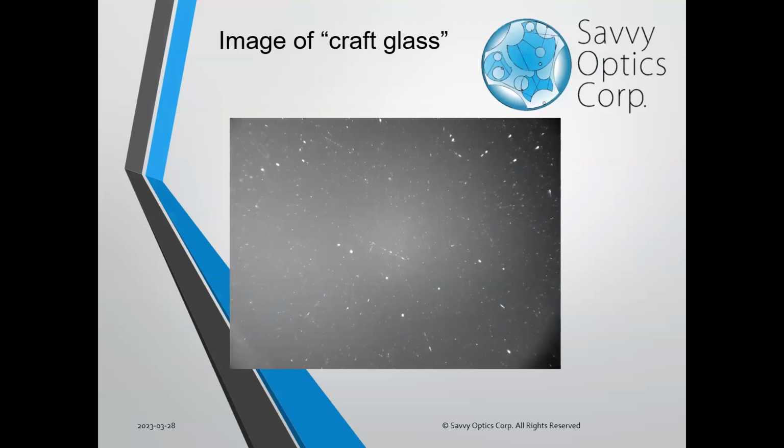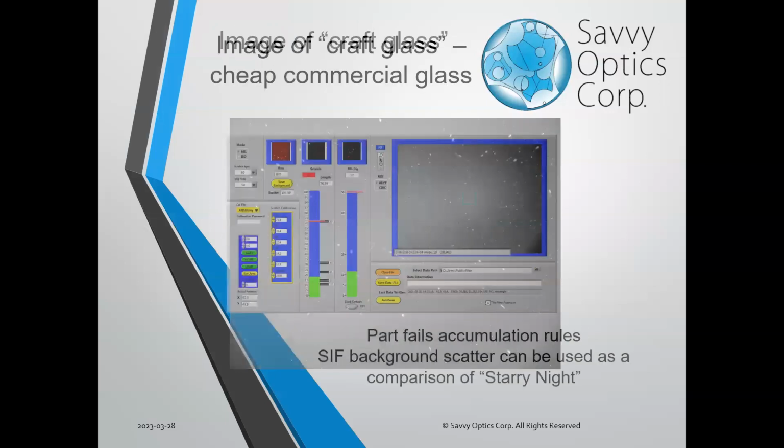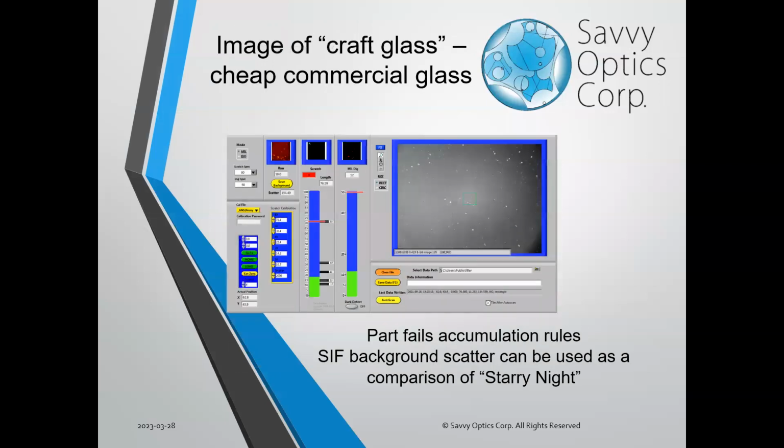This is an image of some commercial craft glass that we were trying out just to see, how does this look compared to real glass? And it looks horrible, right? It's just this complete starry sky. This is actually a clean part, and the background is just really, really bright. So what we've been doing with the Savvy Inspector is we recently added the feature where we report the total integrated scatter over 1 square millimeter. And that's on this slide right here.